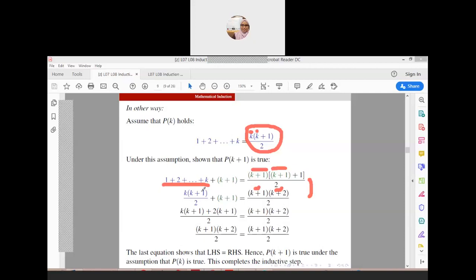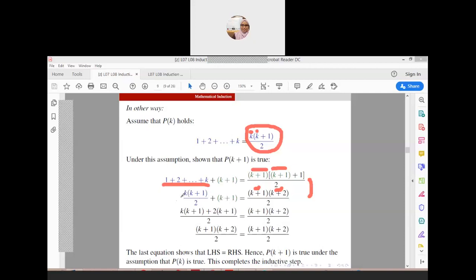So here we have to rearrange this equation so that the left hand side is equal to the right hand side. So k plus 1 divided by 2 plus k plus 1. Just make the denominator the same, which is 2. So k plus 1, and this will become 2 times k plus 1.